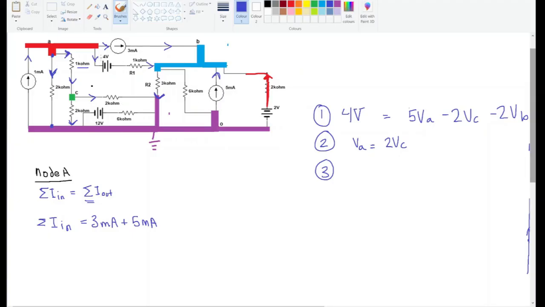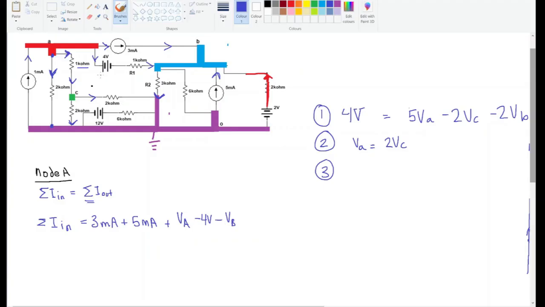Then over here, we have this current, which comes from node A. So that's VA. First of all, add VA minus 4 volts minus VB.